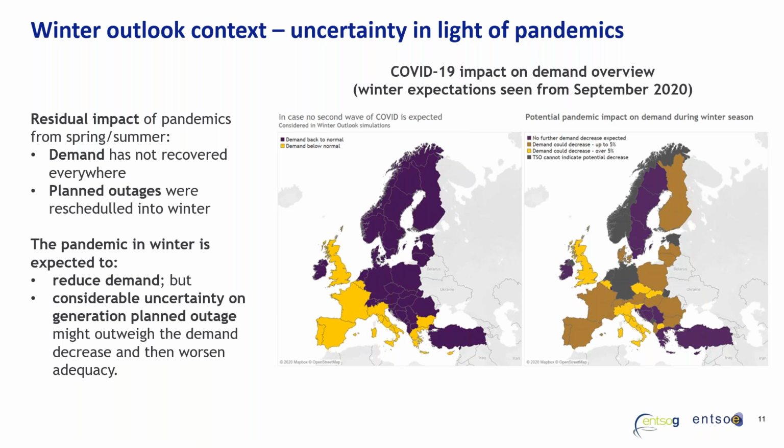On one hand, from the first pandemic wave, we still observe in some countries demand below normal levels, which would indicate that the adequacy situation should be better than in any previous years. However, we also observed that a number of planned outages were rescheduled from spring and summer into the winter season, which really increased the uncertainty of what could be the adequacy situation this coming winter.